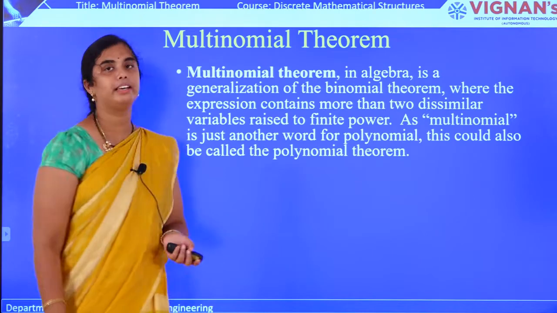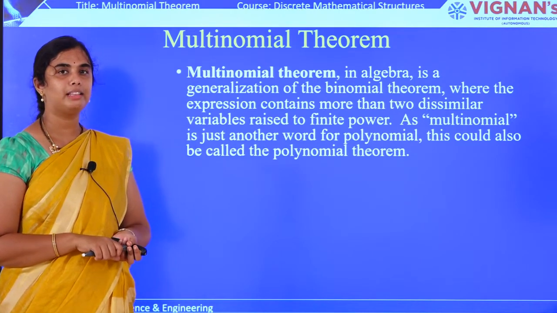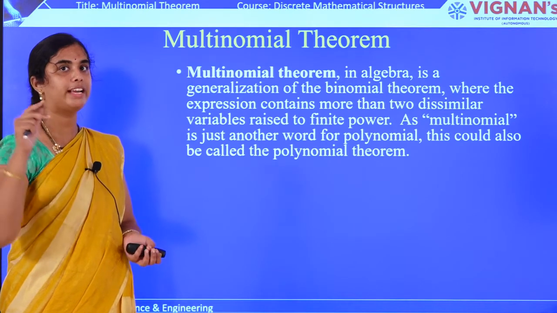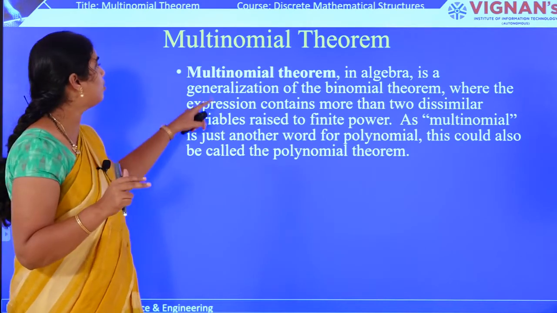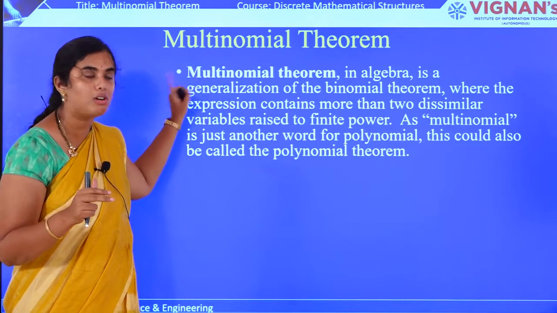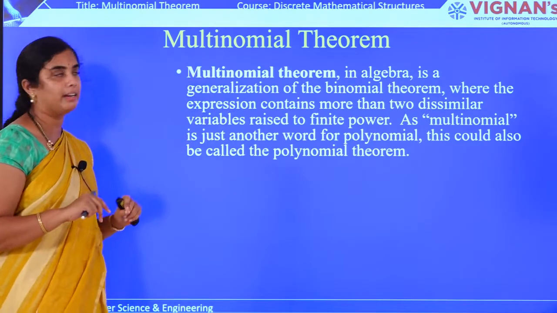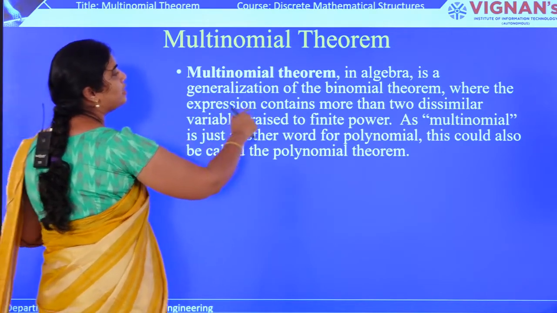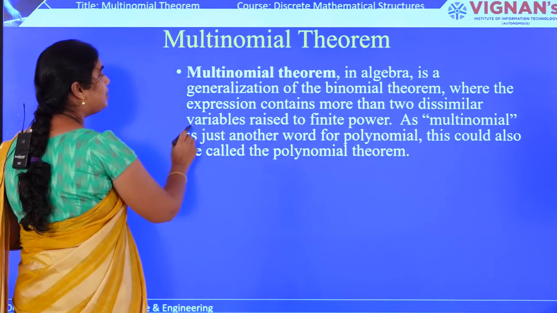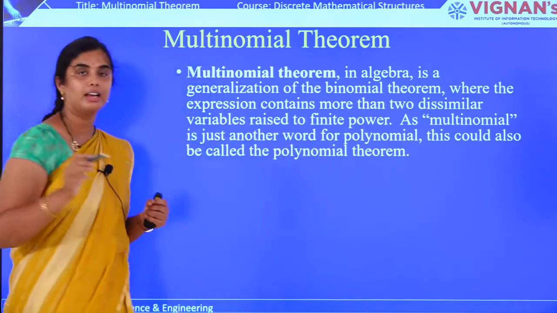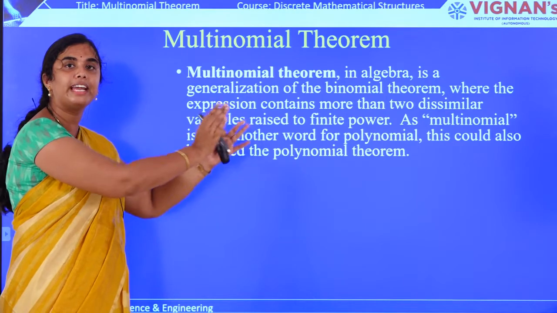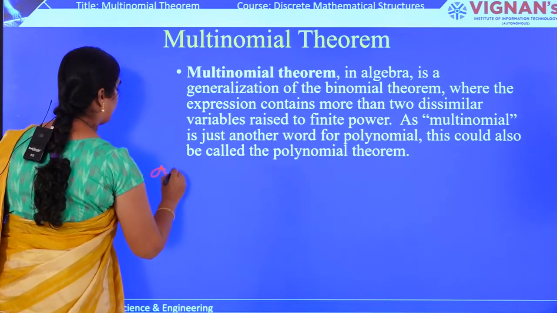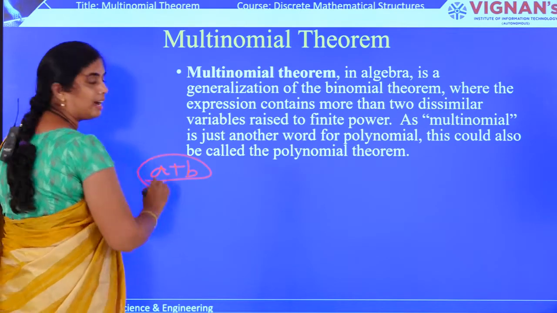Next, multinomial theorem. Till now we have learned about binomial theorem, that means the expansion of two terms raised to a finite power. Similarly, you can also find it for the multinomial theorem. The multinomial theorem in algebra is a generalization of binomial theorem, where the expression contains more than two dissimilar variables raised to a finite power. That means in binomial you have taken only two terms, that is a plus b, or anything which has only two terms.